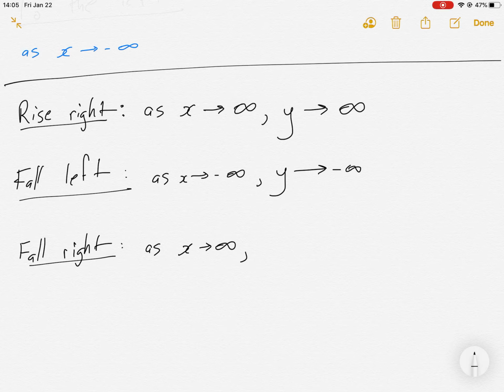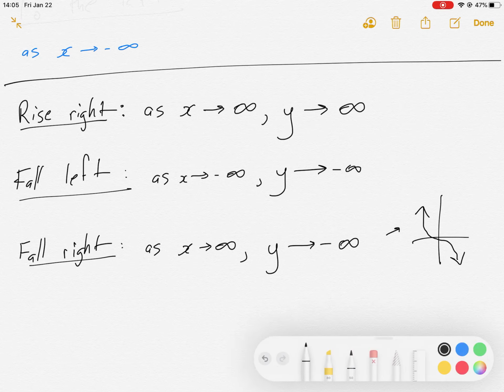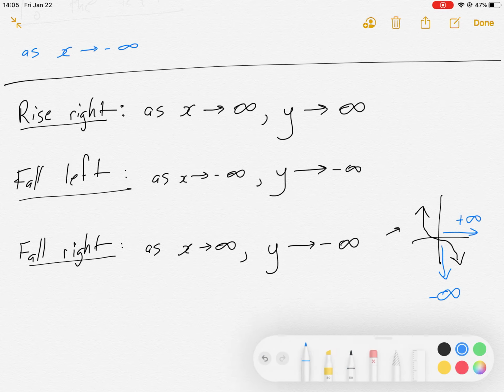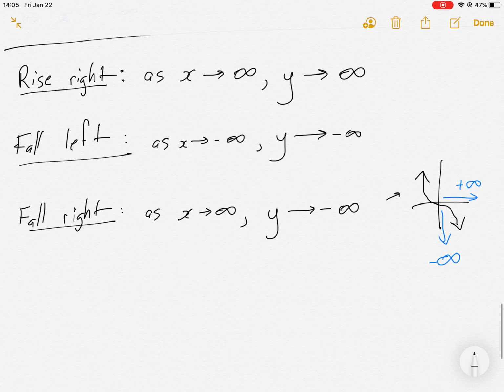That's the right part. And the falling part tells me that y is going down to negative infinity. So a graph that did this might look something like this. Notice how as I move to the right, going to positive infinity, my y values are approaching negative infinity. So there's a visual representation.